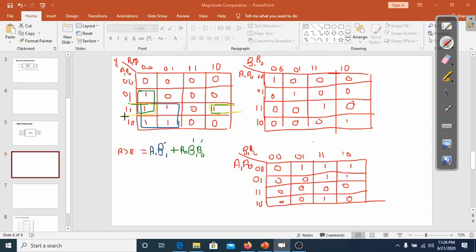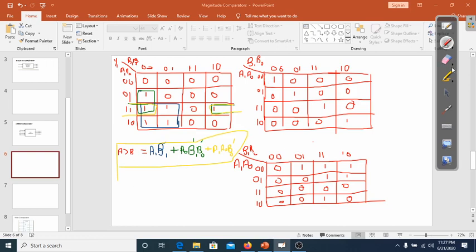Here I will get A1, A naught, and here this B1 will cancel out with the B1 prime, so I will get B naught prime. So this is the expression for the circuit when A is greater than B.